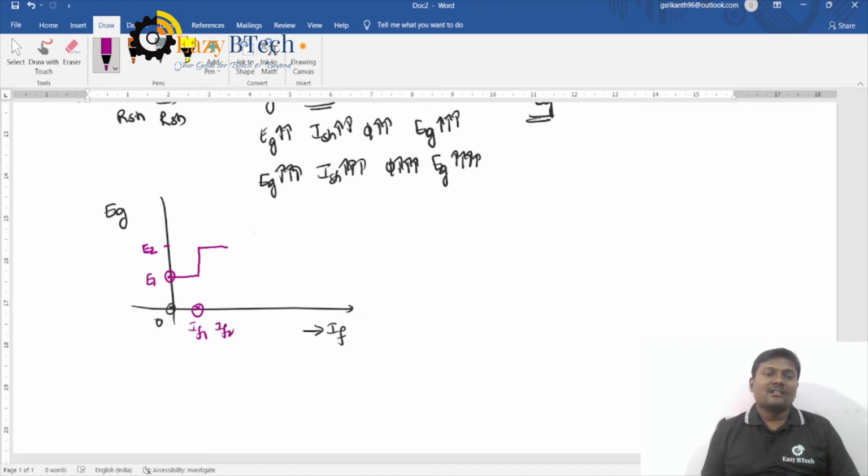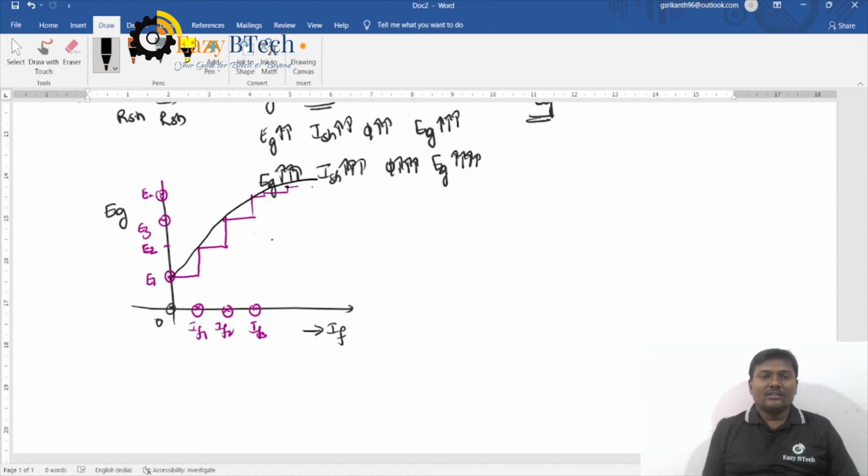Again the field current increases, so the generated EMF E3 increases at IF3, then E4, and like that the generated EMF will be induced. The buildup of voltage is like this. If you join all these points, you will get the characteristics like this.